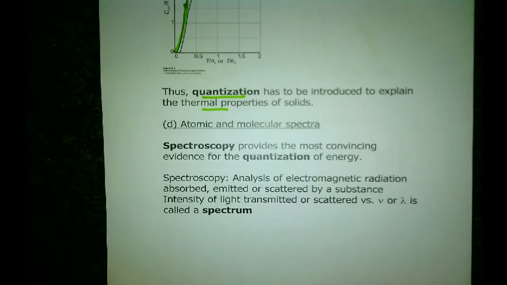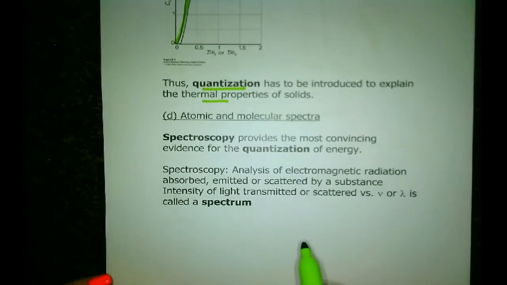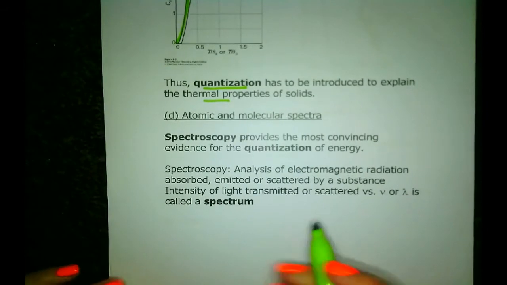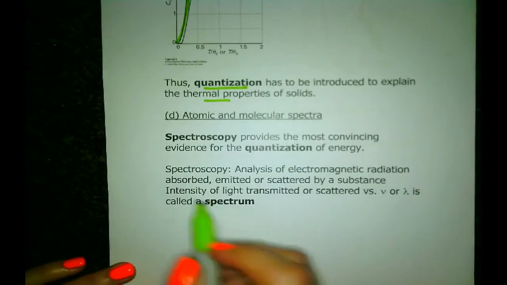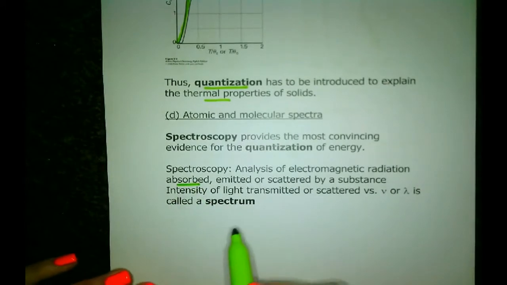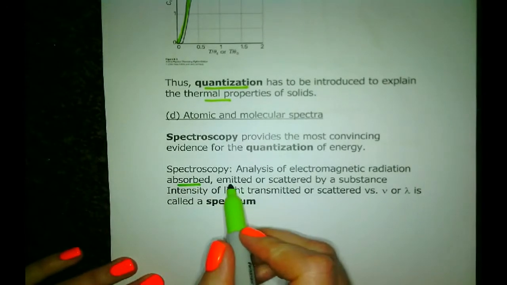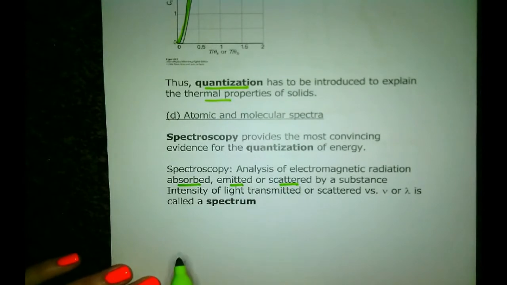We also have proof of quantization of energy from spectroscopy. Remember, spectroscopy is where we use electromagnetic radiation to analyze chemical samples, and the radiation can either be absorbed, emitted, or scattered.